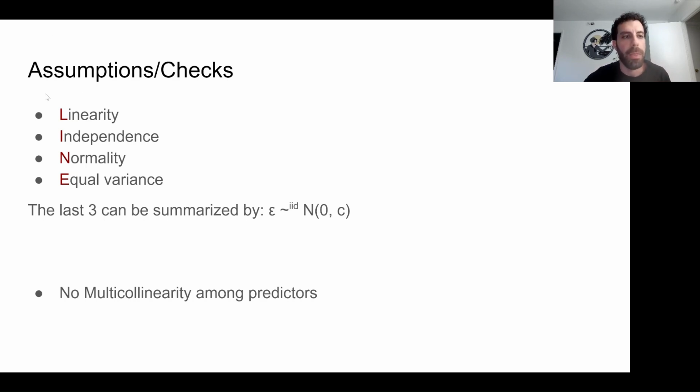So I hope that this discussion and this mnemonic helps you to remember those assumptions. One other assumption I want to mention that's not really related to your model, but related to how you select your variables is multicollinearity, which is a big word, but if you break it down by the prefix and the root, it really just means you don't want your variables to be correlated.